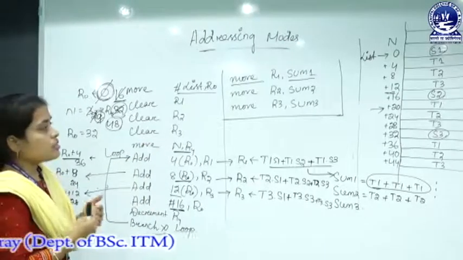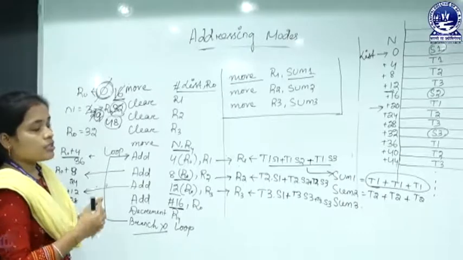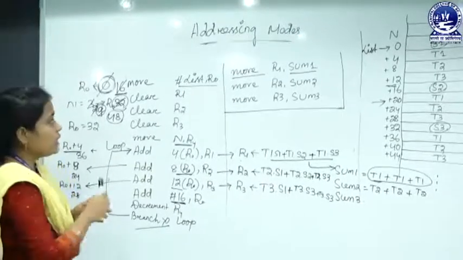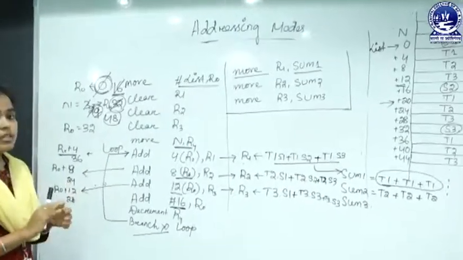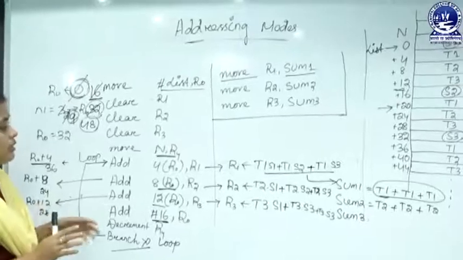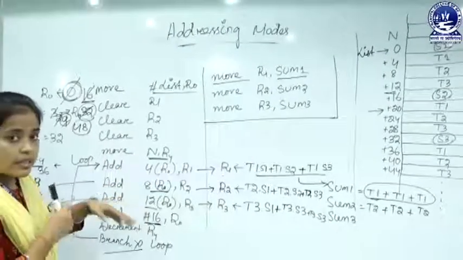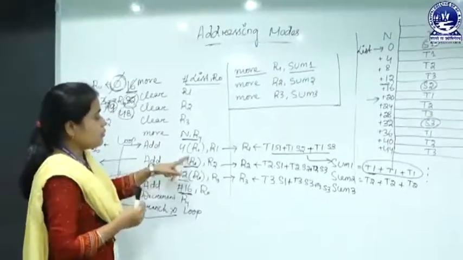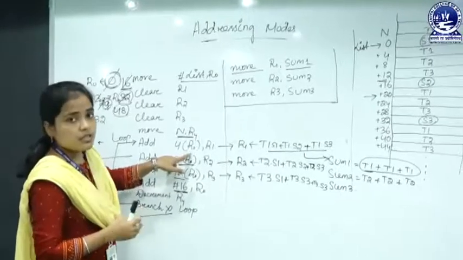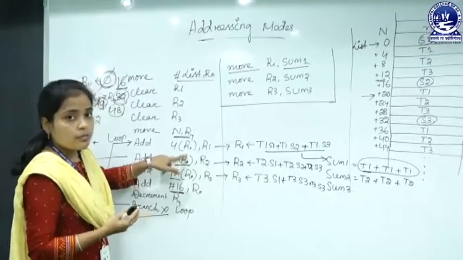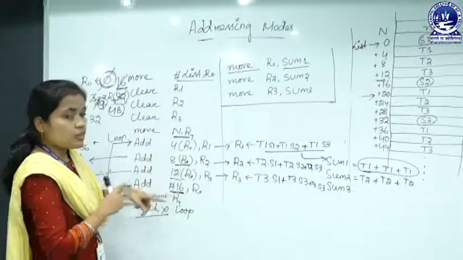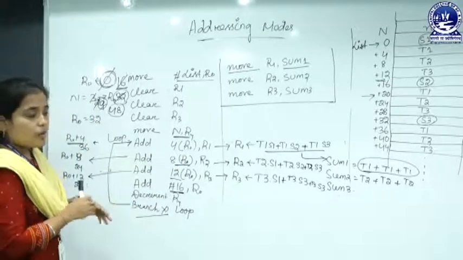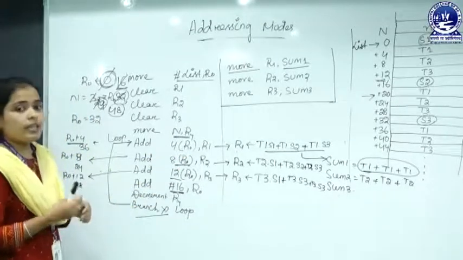When we have to jump some memory location to somewhere, but in this we are not using the concept of PC, we are not incrementing the content of PC, we are incrementing the content of some general purpose registers or other registers, some special registers also, but not in the PC. For PC incrementing, we are having another addressing mode.